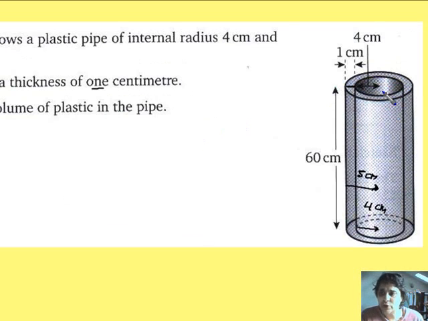We have a tube with a radius of 5, we can work out its volume, and we have an inner tube which is completely empty with a radius of 4. We can work out its volume. Essentially we work out the two volumes and subtract them. By subtracting them we're saying there's nothing in the middle, therefore we take it away, and we're just left with the volume of the plastic of which the pipe is made.